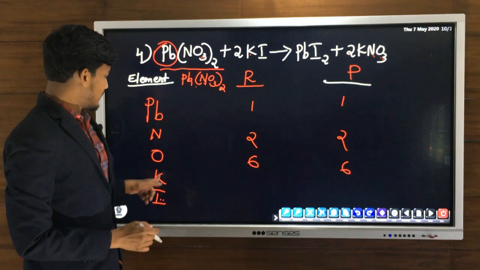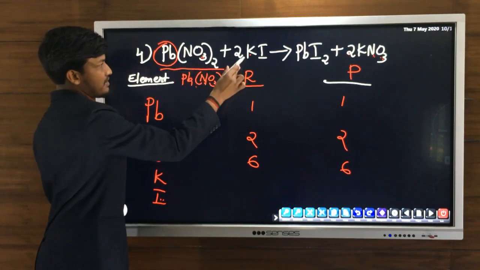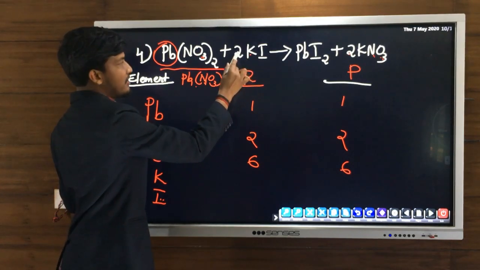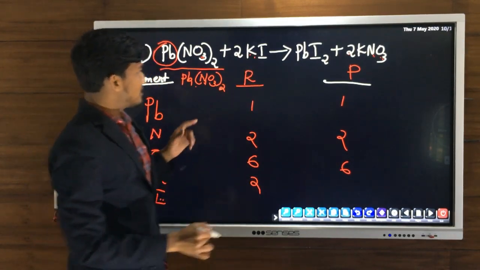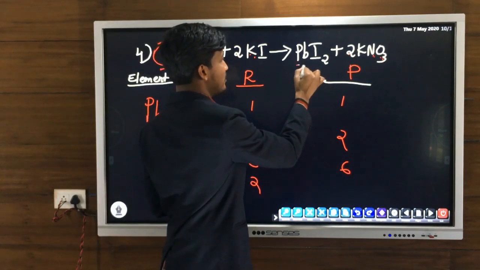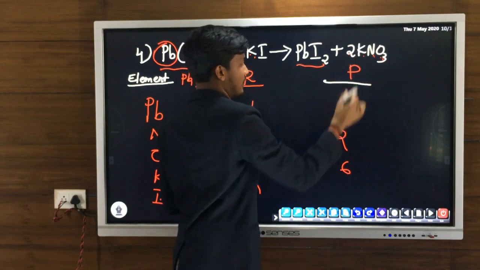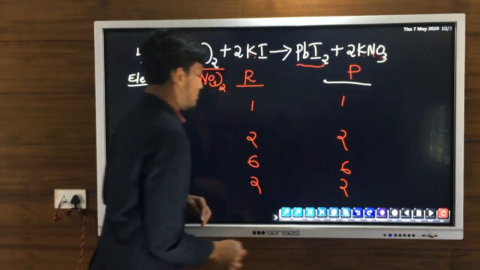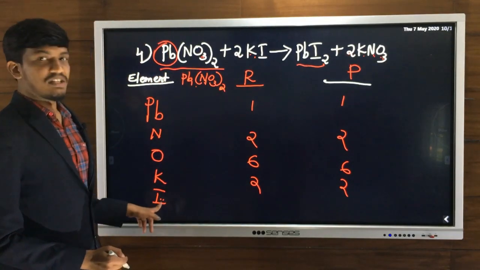Now, next one, potassium K. In the first reactant, no K atoms. In the second reactant there is K: 2 into 1, 2 K atoms, potassium atoms. On the right side, no K in the first product. In the second one there is K: potassium 2 into 1, 2 atoms. Now the next one, iodine.